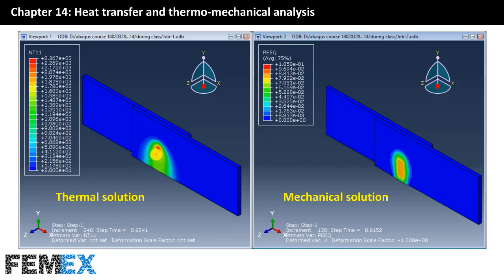It is defined using dflux subroutine, and here you can see the mechanical solution. First we do the thermal solution and then we use the temperature field to do the thermomechanical analysis, and we use the calculated temperature field to calculate the thermal strains.